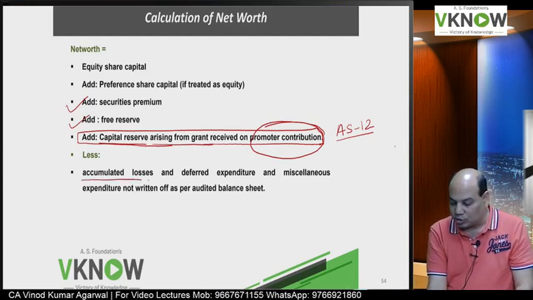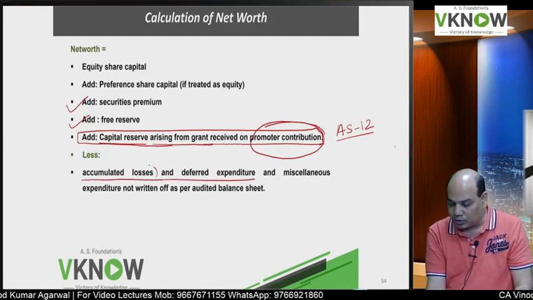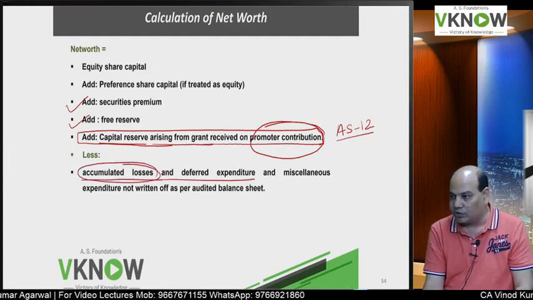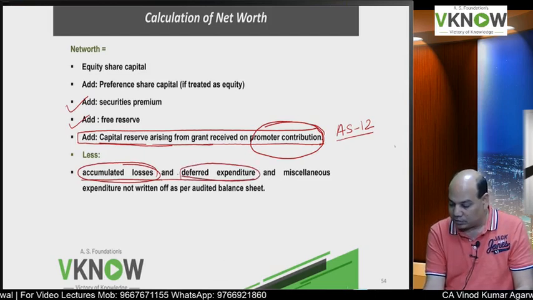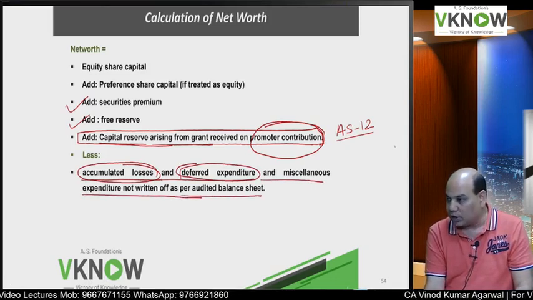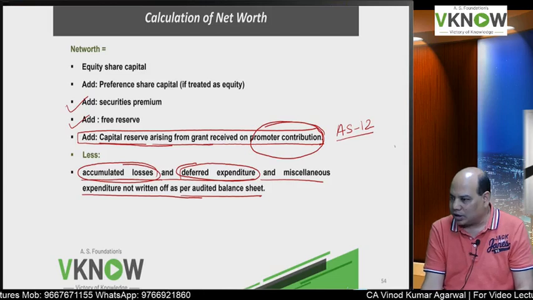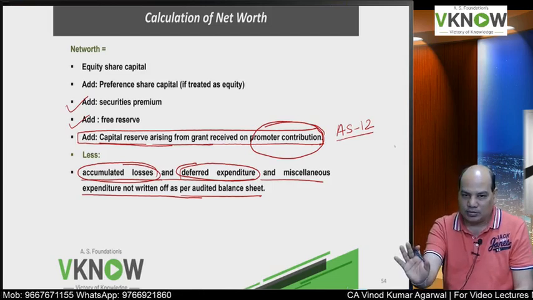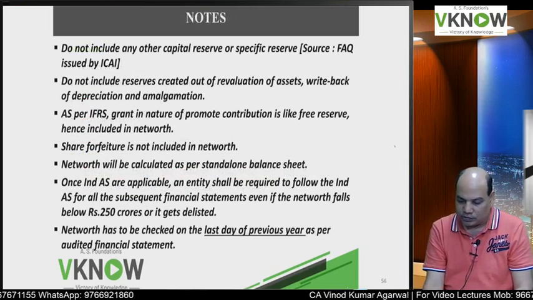Then minus accumulated losses and deferred expenditure. That means if you have a loss in the balance sheet, P&L account debit balance, any deferred expenditure, any miscellaneous expenditure not written off like discount on issue of debenture, preliminary expense, underwriting commission, if it is appearing, then you have to reduce it as per the audited balance sheet.